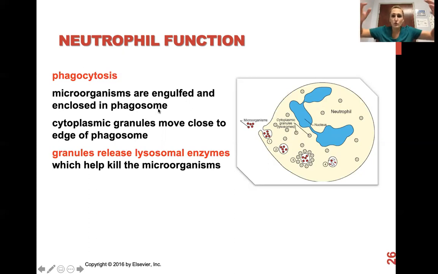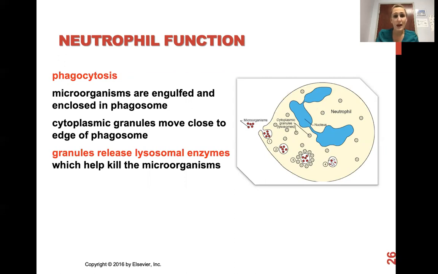So it engulfs it, brings it inside, and then the cytoplasmic granules move close to the edge of the phagosome, and those granules have these different lysosomes, these different enzymes inside them that basically use chemical warfare inside the neutrophil to kill this microorganism.